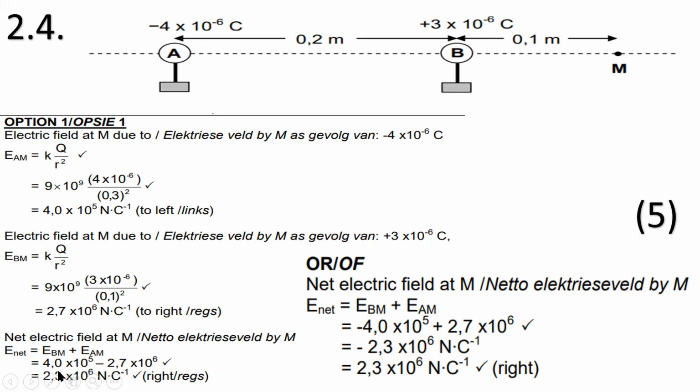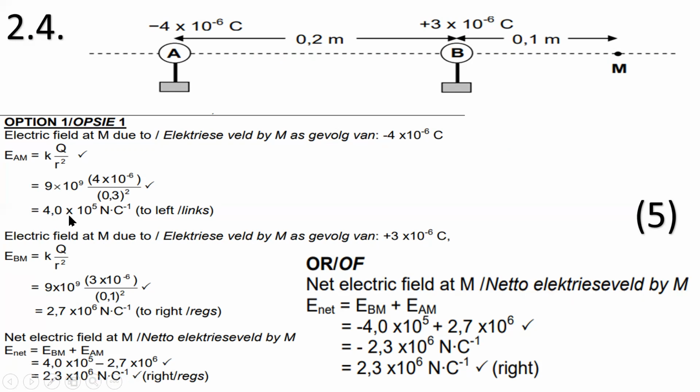Because of that, you are just using the first one, the bigger one is to the left, so that one is first, minus the one to the right. You are using left and right, and the net electric field at M, as you see, they said in the definition. Oh, sorry, this is 0.4.